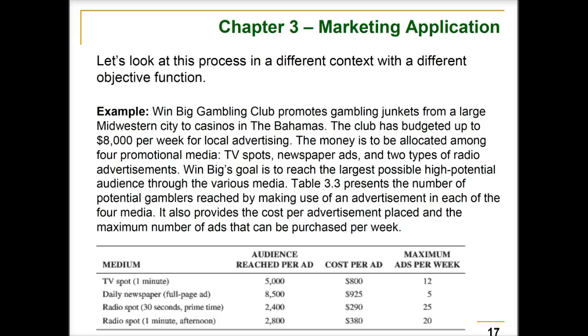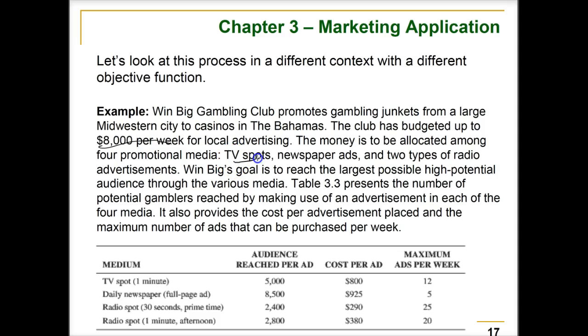And so we know that this club has budgeted up to $8,000 a week for local advertising. That's what is said here. And the money is to be allocated amongst 4 different promotional media.